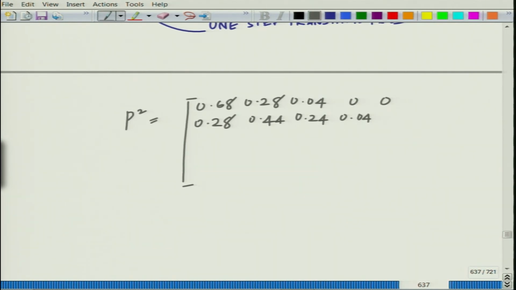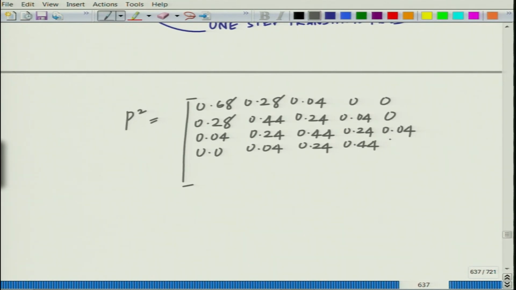0.28, 0.44, 0.24, 0.04, 0, then you have, I guess, 0.04, 0.24, 0.44, 0.24, 0.04, then you will have 0, 0.04, 0.24, 0.44, 0.28, and then you will have 0, 0, 0.04, 0.28, 0.68.